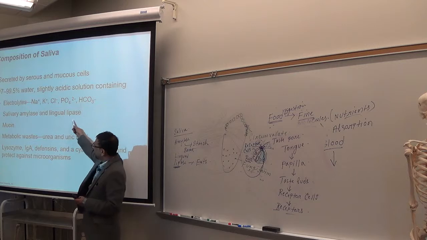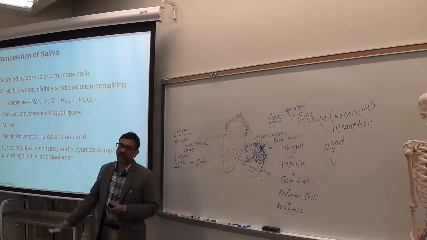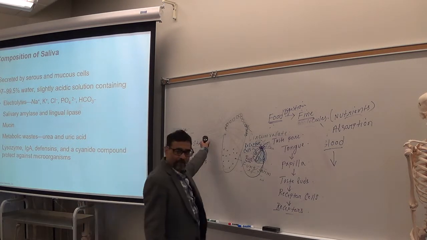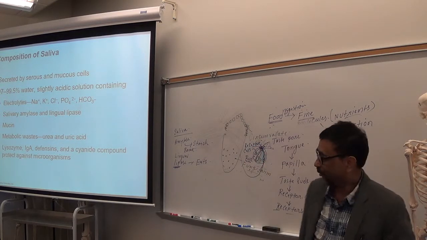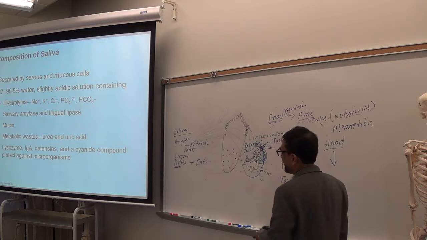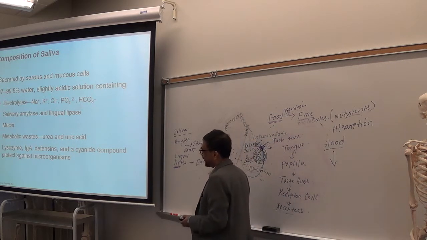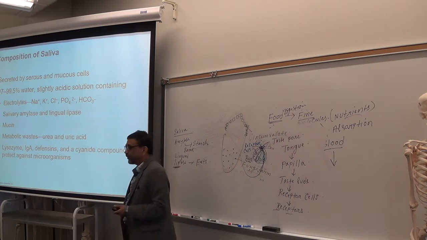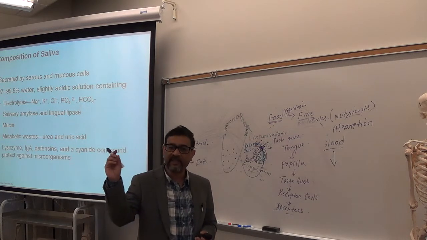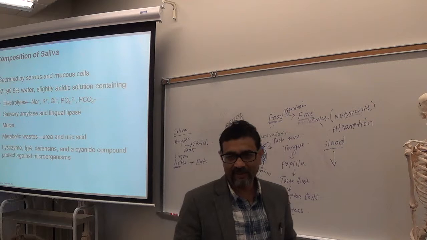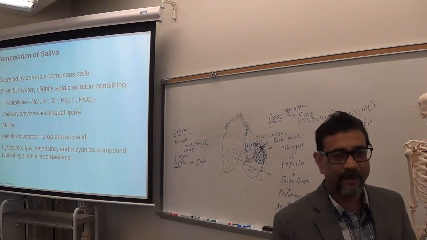Salivary amylase and lingual lipase that I mentioned here, those are present in the saliva. So they help in carbohydrate and lipid chemical digestion. Mucin is that slippery, sticky secretion or chemical.